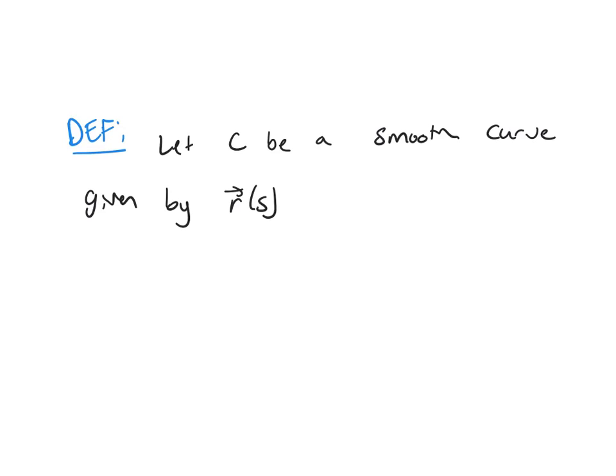So let's suppose C is a smooth curve given by r of s, where s is the arc length parameter.